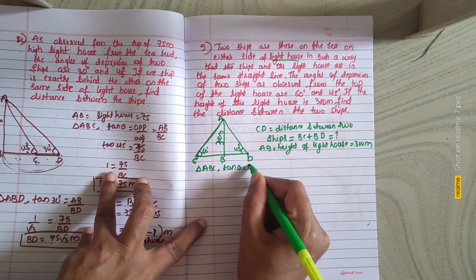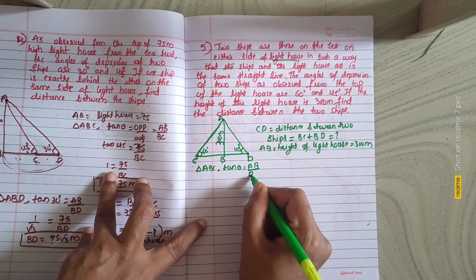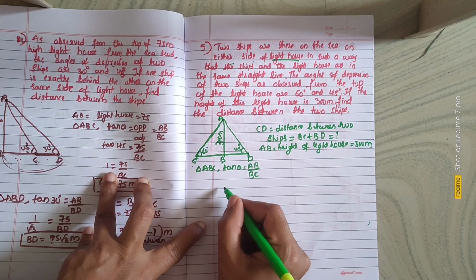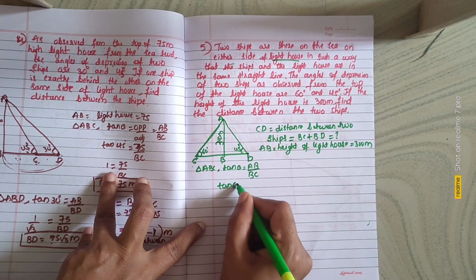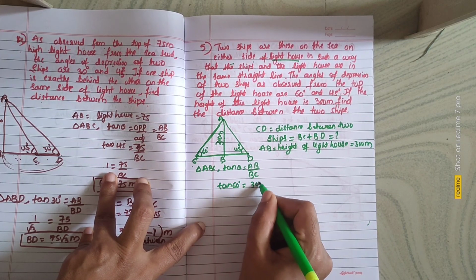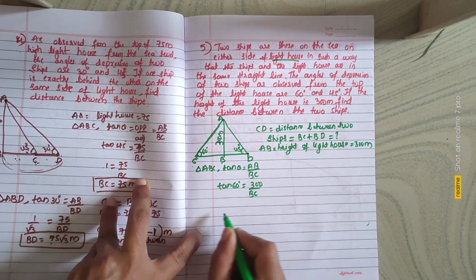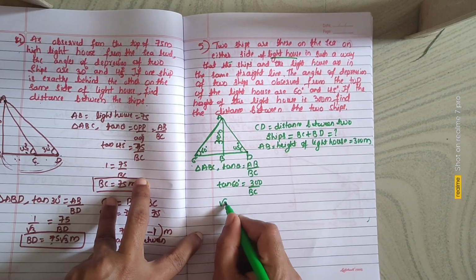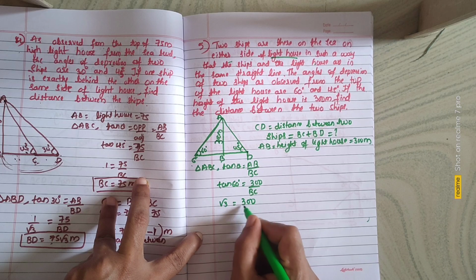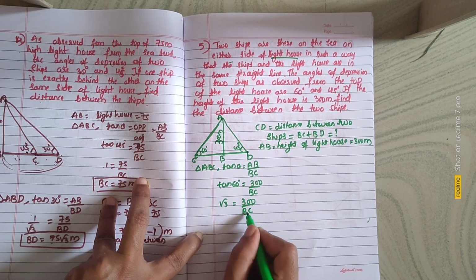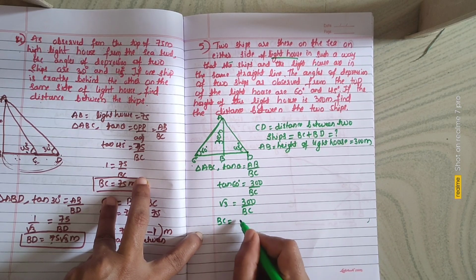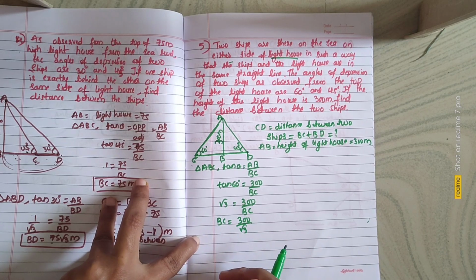Tan theta is equal to AB by BC. Tan 60 degree is root 3, AB is 300 divided by BC. So root 3 is equal to 300 by BC. So BC is equal to 300 by root 3. Okay, so this is the value of BC.